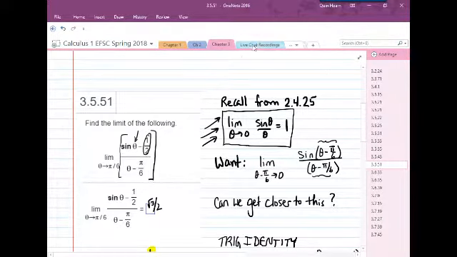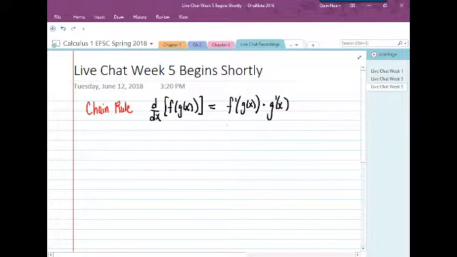All right, now we're going to talk about the chain rule. And the chain rule is really powerful stuff. It allows us to take a function like y equals (3x plus 5) squared, and take its derivative without having to FOIL it all out.